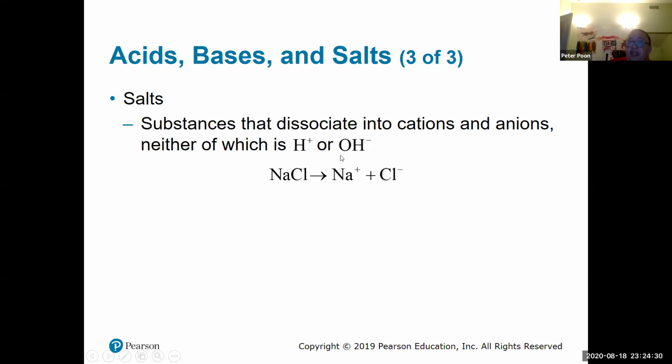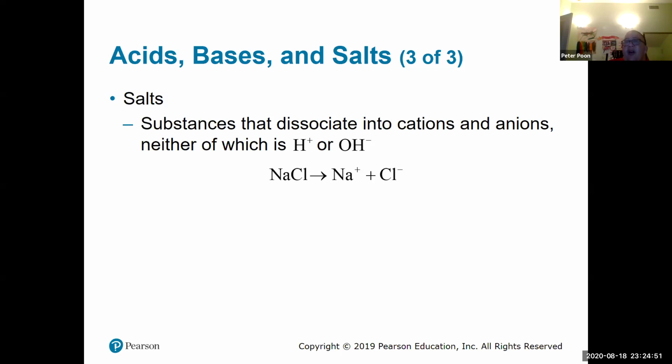H plus plus OH minus gets you water. So you add acid and base, and you get water, and then you get the components left over, which turn into salt. So the Cl from the HCl and the Na from the NaOH combine together to form salt.